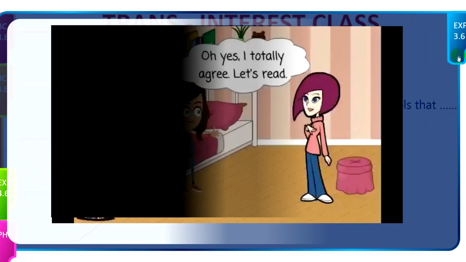For example, it is too hot today. And then it isn't interesting enough to watch TV. So that is a little example of a conversation that includes the conjunctions too and enough to.